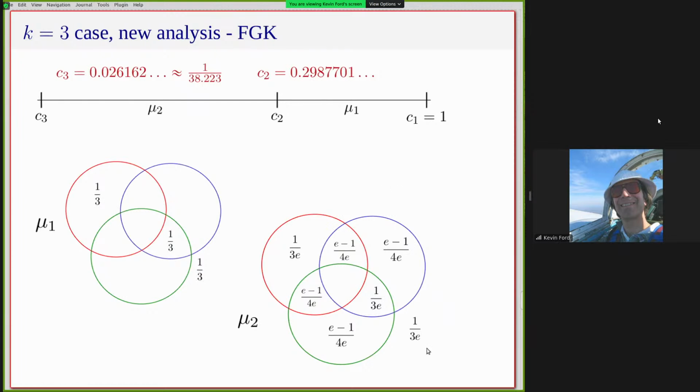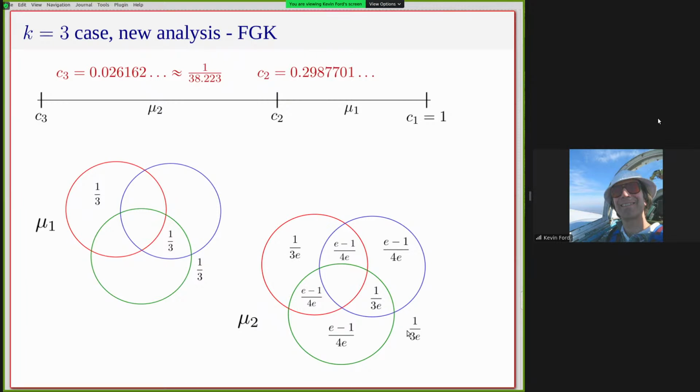But the measure mu2 is the most complicated part. We're using every single piece of the Venn diagram except for the central part, which plays no role in the analysis. And here the number e comes up. We have, instead of 1/9, 1/3e here, here, and here.